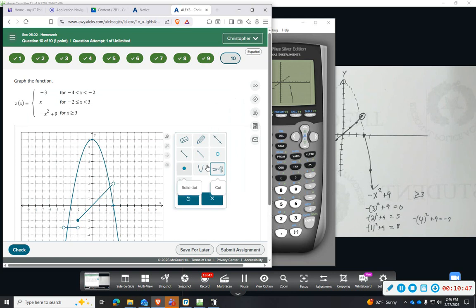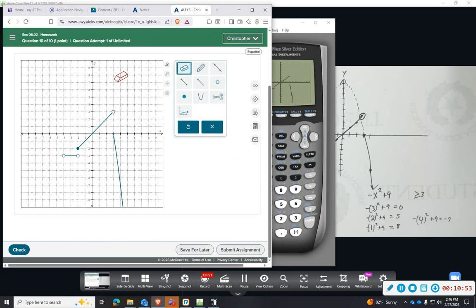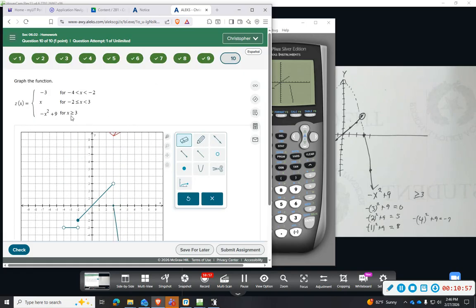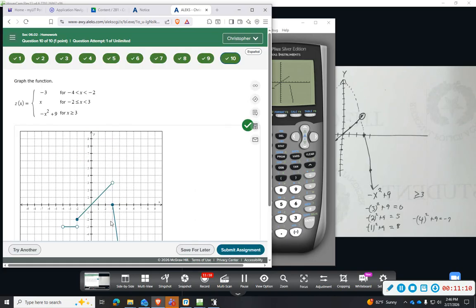And then now that it's cut, I want to erase this piece. Okay, so you cut it, and then you can erase the piece that you don't want. All right, so that gives me the piecewise function for x greater than 3. I want to make sure it understands that I want a solid dot there. And then we've built our piecewise graph. We got a green check.